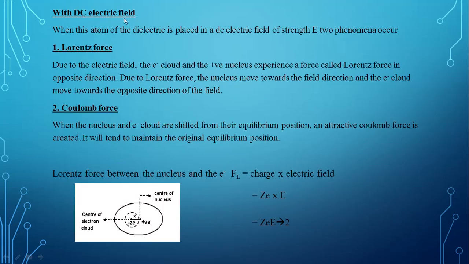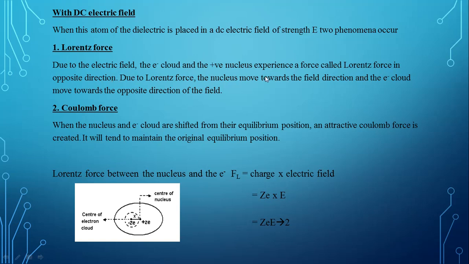When this atom of dielectric is placed in a DC electric field of strength E, 2 phenomena will occur. Number 1, Lorentz force acting on the atom, and number 2, Coulomb force acting on the atom. Due to the electric field, the electron cloud and positive nucleus experience a force, called the Lorentz force, in opposite directions.